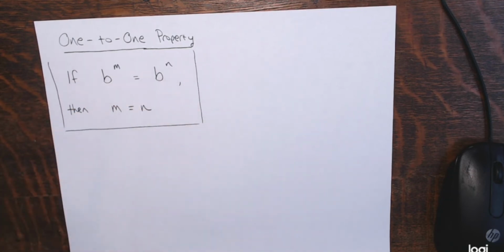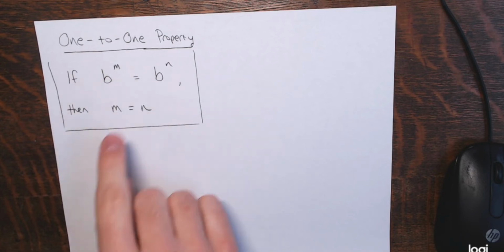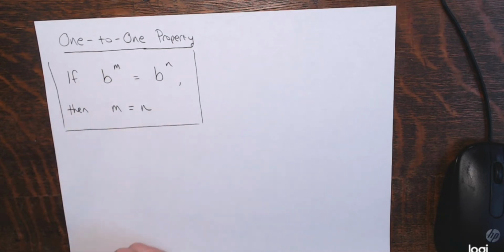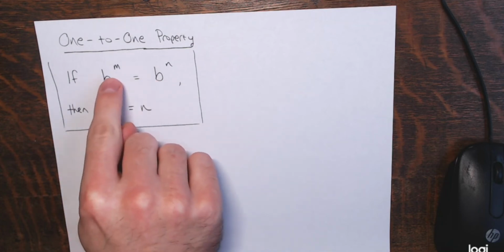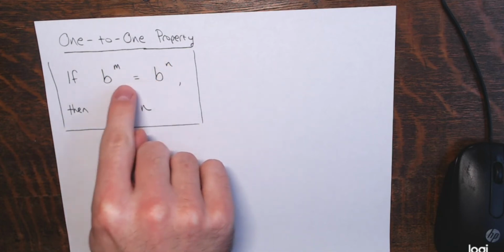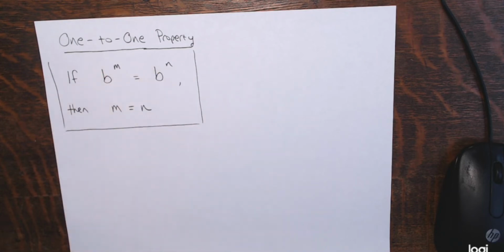They pass the horizontal line test. Two different inputs give you two different outputs. Or in other words, if two outputs are the same, their inputs must be the same. That's exactly what this is saying. So if we end up with equations where both sides are a single base to a single power like this, and they have the same base, well then they must have the same powers. That's all this is saying.